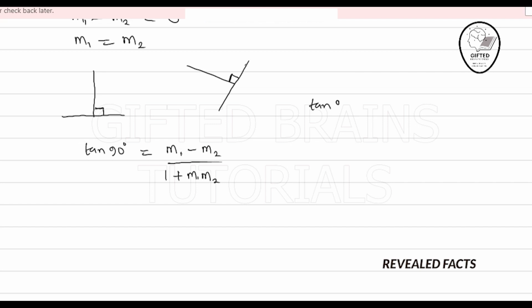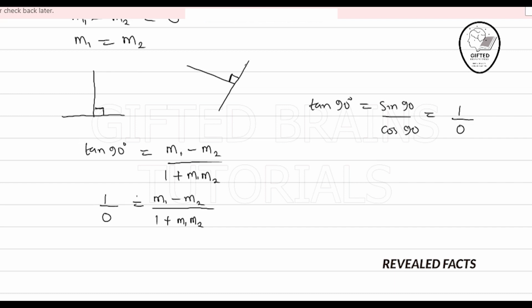Well, that is accurate, but again recall that tan 90 is also sin 90 over cos 90. And if that be the case, sin 90 is just 1 and cos 90 is 0, and that's why it is undefined. So I will have that here, 1 over 0, which is the value of tan 90, is equal to m1 minus m2 all over 1 plus m1 m2.